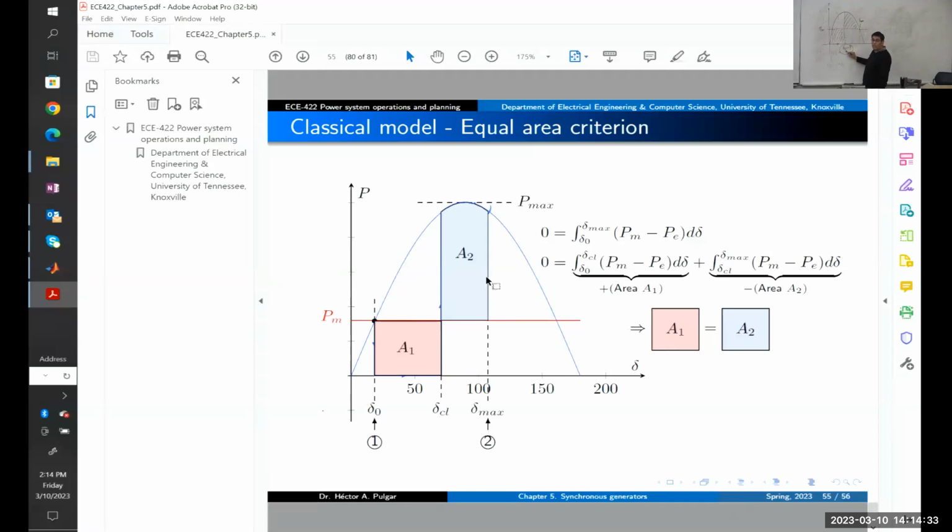And if we let the protection system operate at an angle after this, the system will not survive and will be unstable. So that's what engineers many, many decades ago used to prevent this type of behavior. If we let the clearing angle be much smaller than this, then we will have some margin and we can guarantee that the machine will be stable.